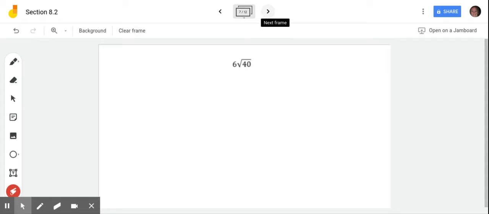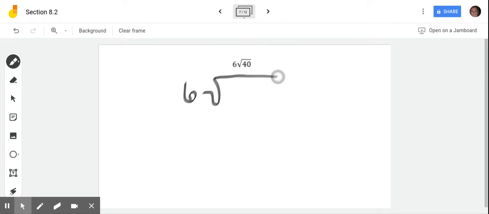6 radical 40. So 6, and then instead of 40, I want to write 40 using any perfect square factors. So I know right away that 4 is a perfect square, and I can rewrite 40 as 4 times 10. The square root of 4 is 2.